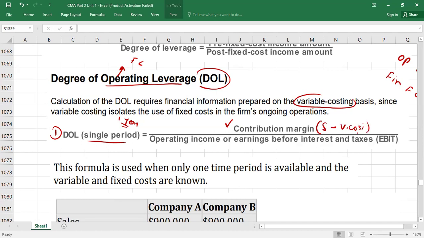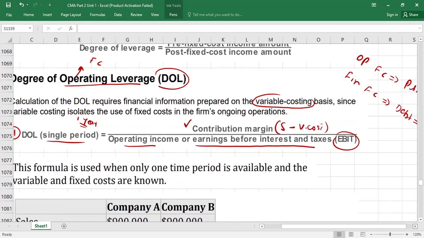So the numerator is the contribution margin and the denominator is the operating income, or earnings before interest and tax, EBIT. Or PBIT, profit before interest and tax, any word you can use. Let me take you to the income statement.